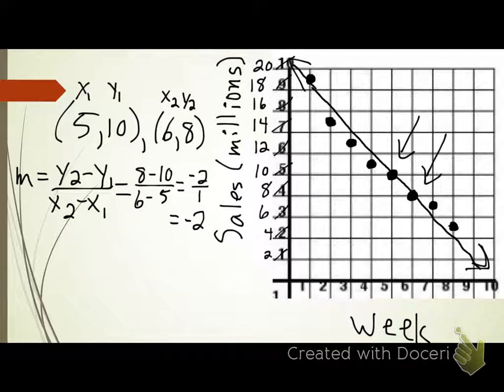Okay. Which point do you guys want to use to plug into point slope form? Does it matter which point we use? No, which one do you want to use though? 5, 10, or 6, 8? 5, 10, let's do it. Y minus, what's my y value from the ordered pair I'm using?